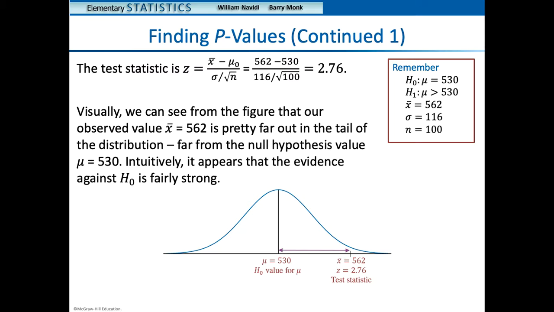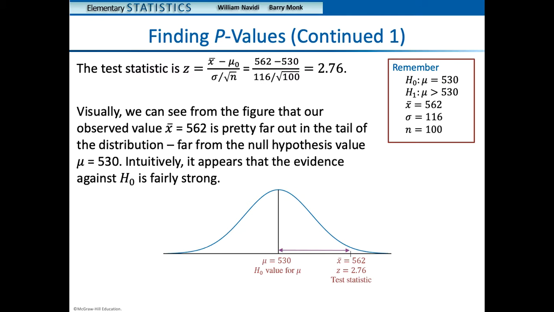Remember that normal distributions follow the empirical rule, and one of the statements that the empirical rule makes is that you would expect 95% of your data values to fall within 3 standard deviations of the mean. 2.76 is getting pretty close to 3, right? It's pretty unusual to have data values that far out. We could probably reasonably say that 90% of your data values or more will have z-scores less than 2.76, right?